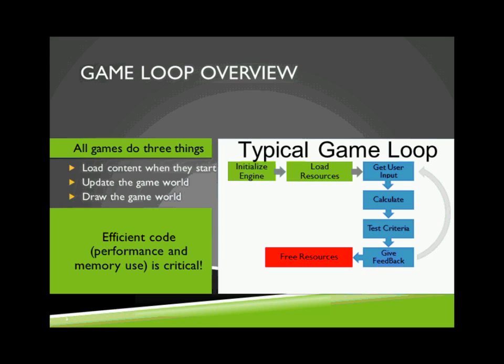And then when you're done using these resources, you need to be efficient and release them. In games development, especially within the browser, you need to be very efficient in how you're handling your memory and the different elements of your game so that your game is most performant.